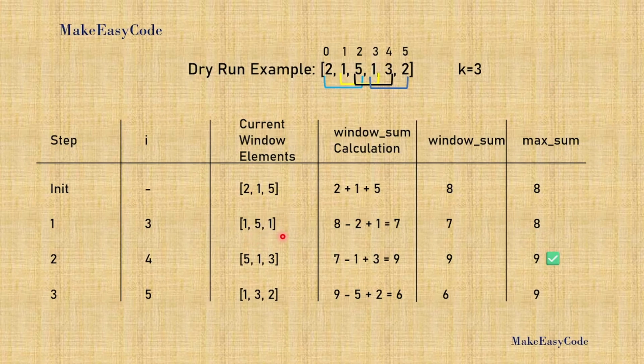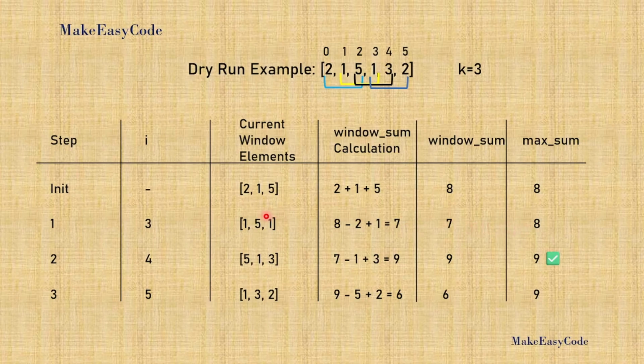Now the window sum calculation: we have removed the index 0 and added the index 3. So it is window sum minus index 0, that is 2, and plus index 3, that is 1. So now the sum becomes 7, and till now the max sum is 8 only.